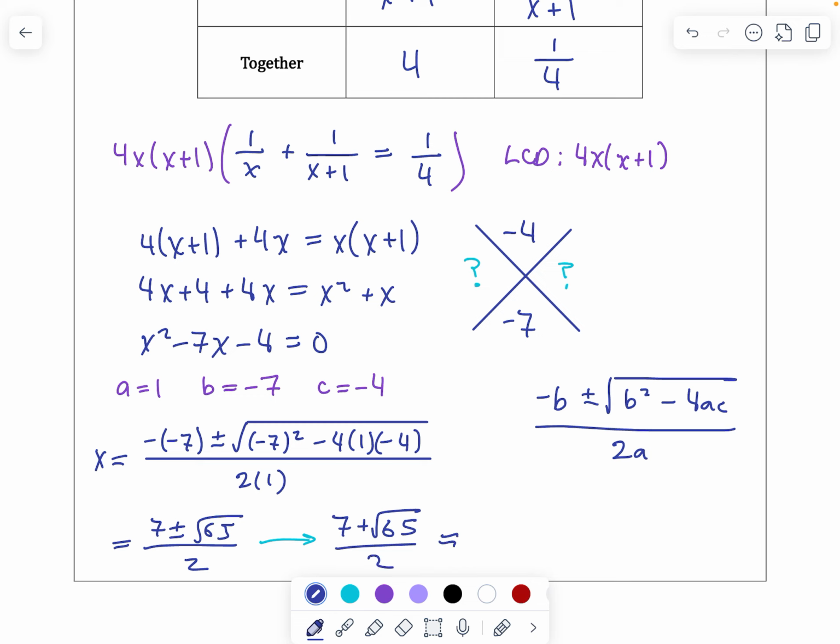We'll approximate this: 7 plus root 65, divided by 2, is 7.531.